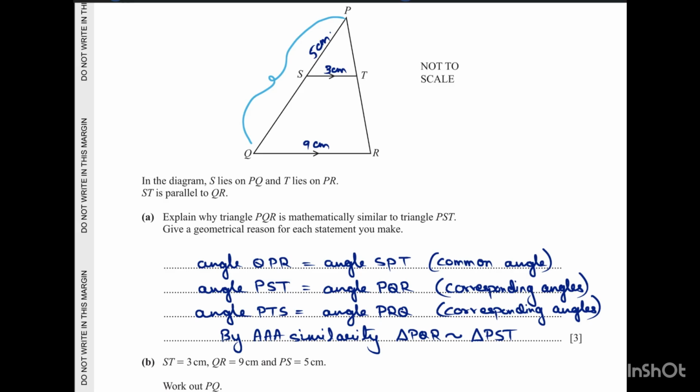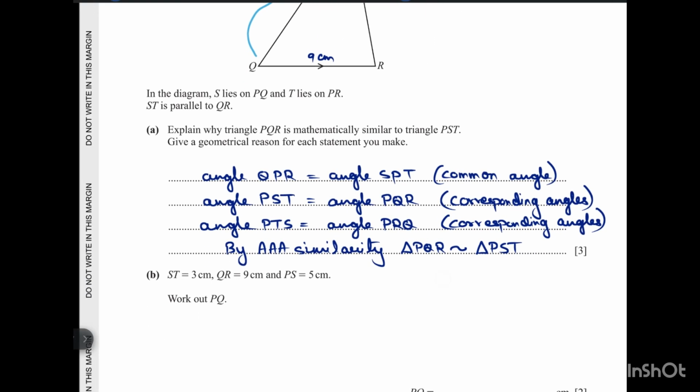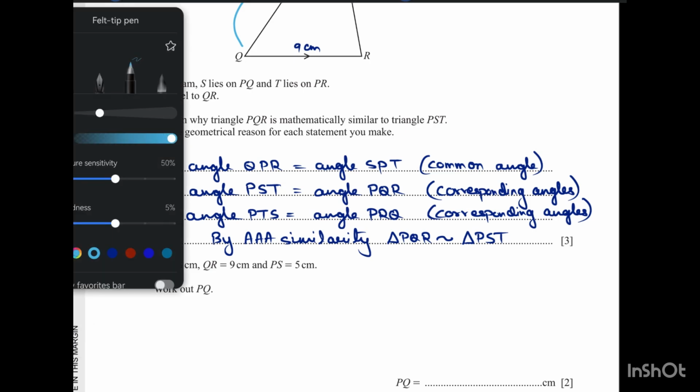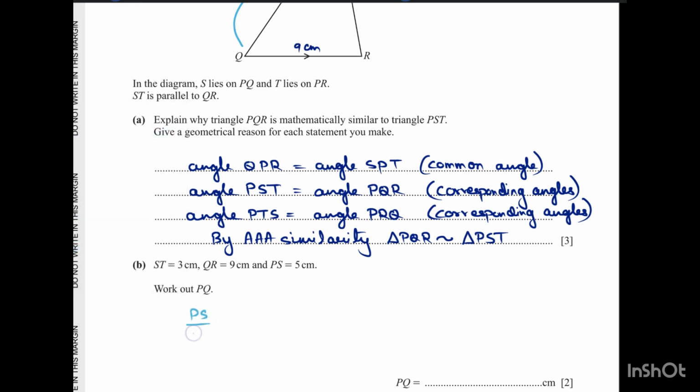Now, whenever two triangles are similar, the ratio of their corresponding sides will be equal. You should know this, because in similarity, this is the fact. So write down the ratios now.